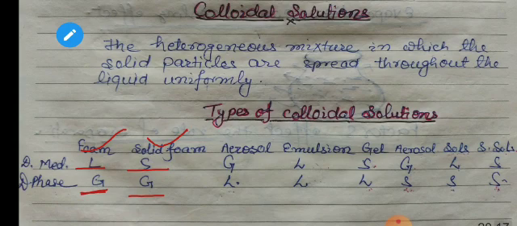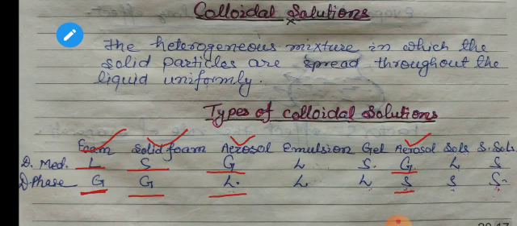Now come to third, that is aerosol. In a colloidal solution, if the dispersion medium is gas and the dispersed phase is liquid, or the dispersion medium is gas and the dispersed phase is solid, in both conditions it is known as aerosol.